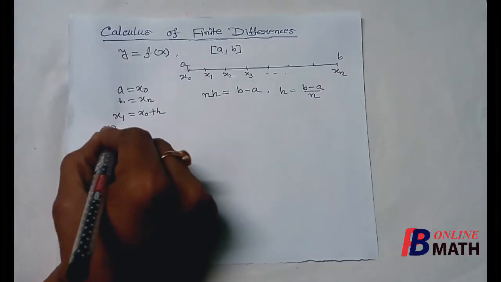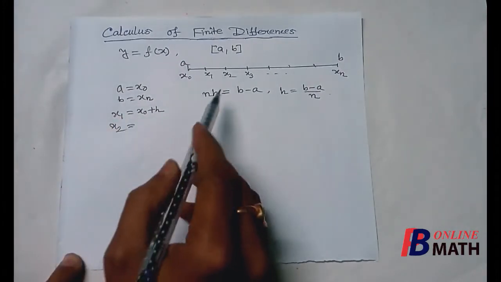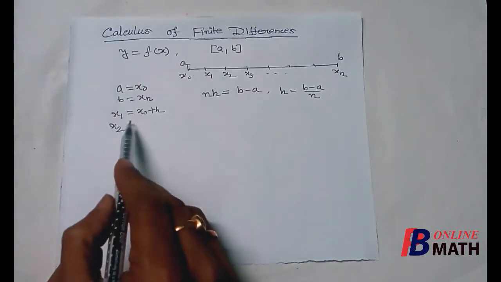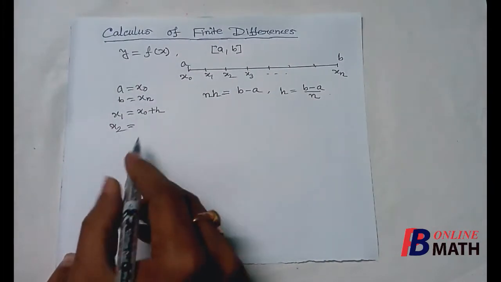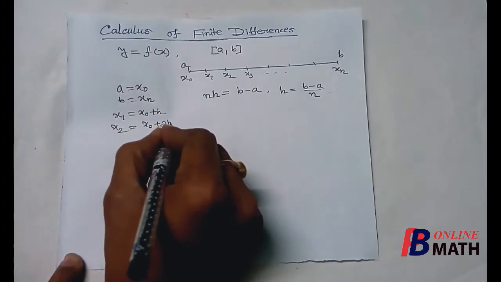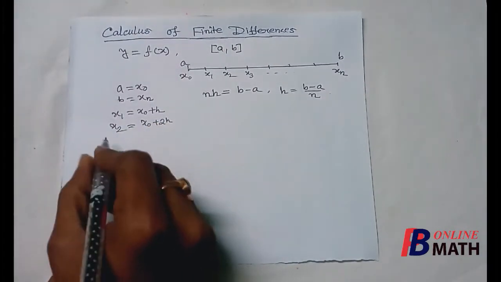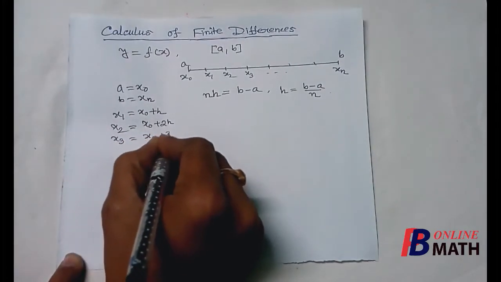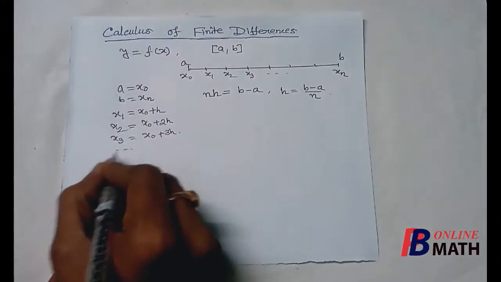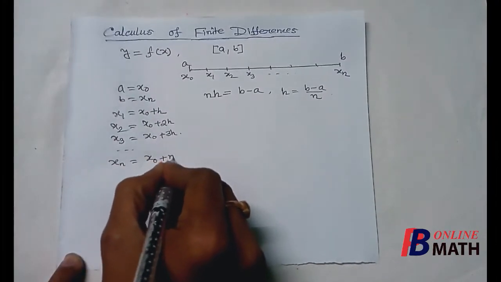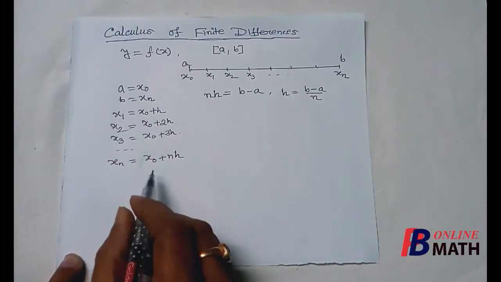Next, x2 can be written as x1 plus h. Now x1 equal to x0 plus h, so x2 can be written as x0 plus 2h. Similarly, x3 can be written as x0 plus 3h, and ultimately xn can be written as x0 plus nh.